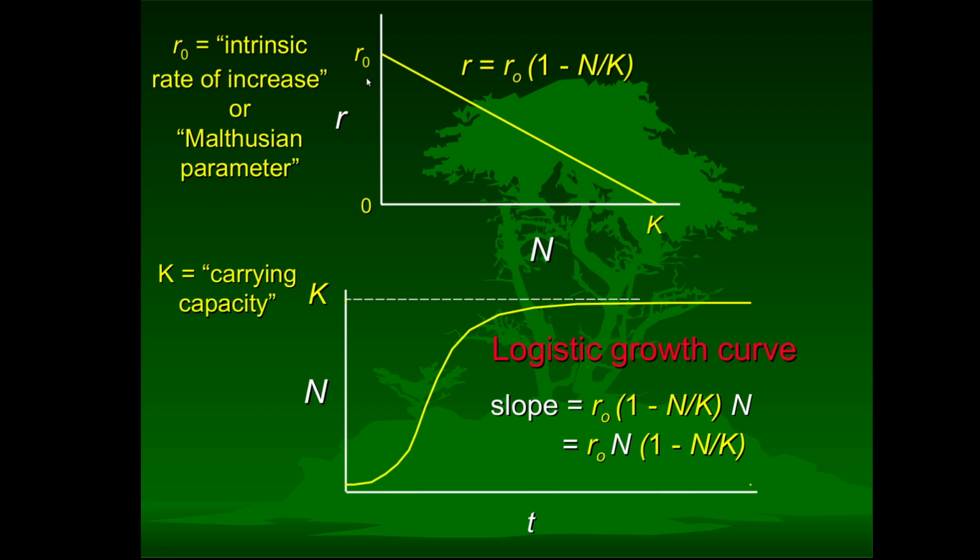So this intrinsic rate of increase, or the Malthusian parameter, r0 that we're symbolizing here, is a constant by definition. It's the maximum possible little r, the maximum possible per capita rate of increase, which occurs at a maximum level of resource per individual, which occurs when the population density is at the lowest possible.